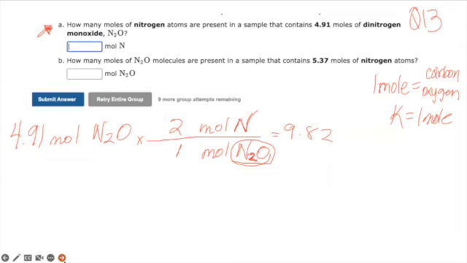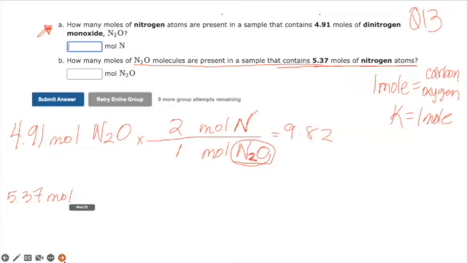B, how many moles of N2O molecules are present in a sample that contains 5.37 moles of nitrogen atoms? So start with what we're given.